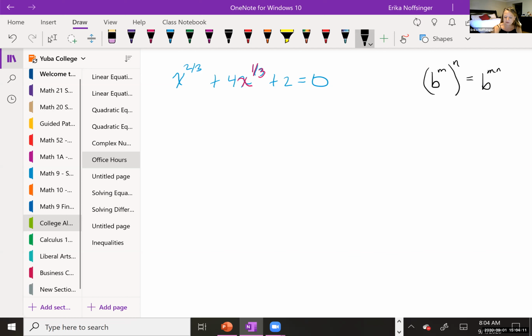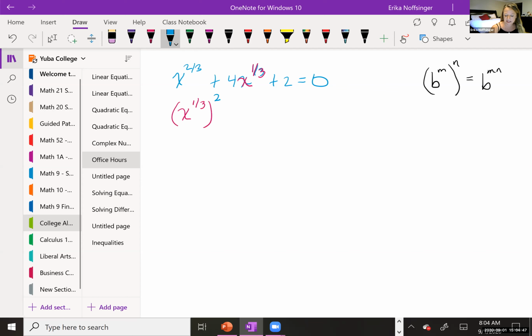So I'm going to kind of rewrite this going from multiplication to power, because I want an x squared, but I also want the square to be outside, and I want this piece in here to look like x to the 1/3. So if I rewrite this as x to the 1/3 and then quantity squared, again, power to power is multiplication.